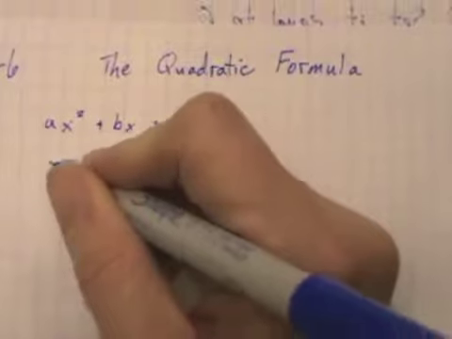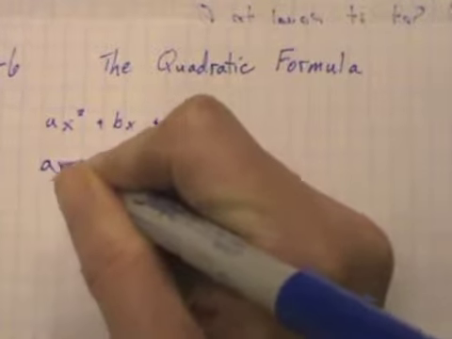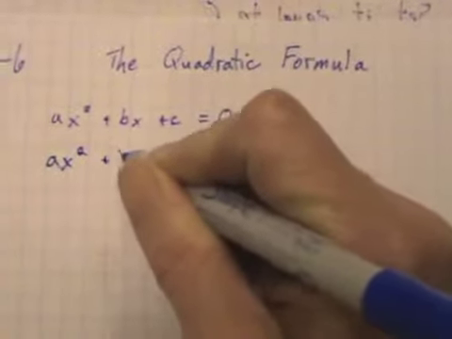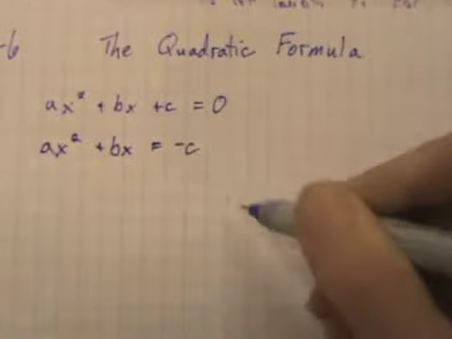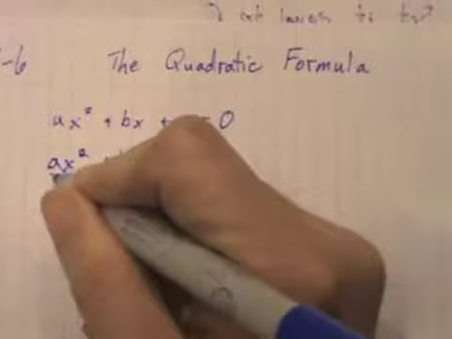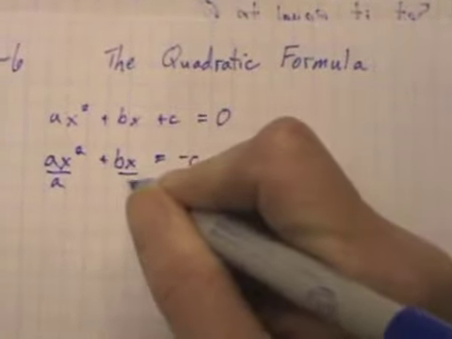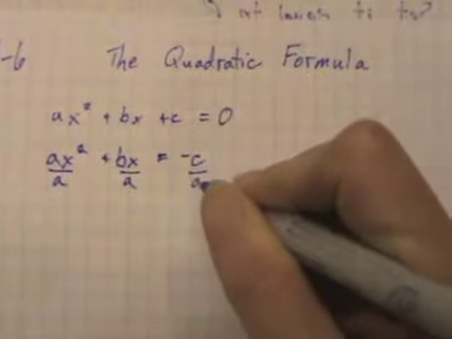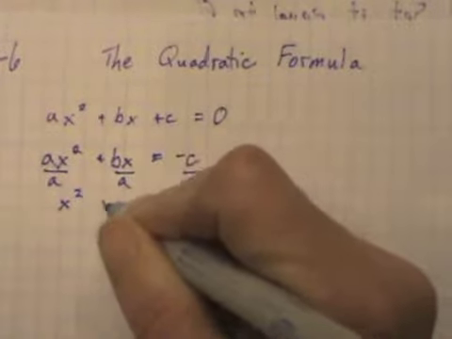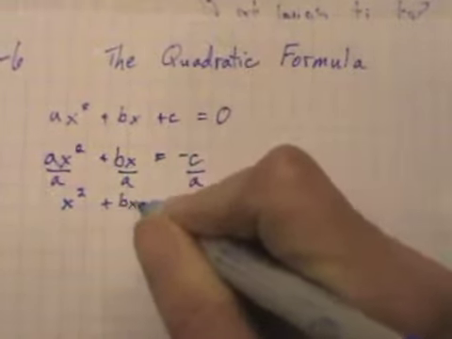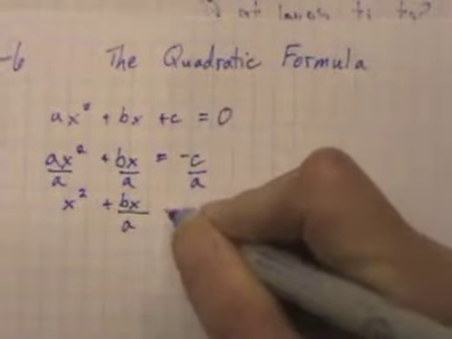You might recall that we need to move the c to the other side. You may recall that we need to get rid of this a coefficient. So we have x squared plus b over a x equals negative c over a.